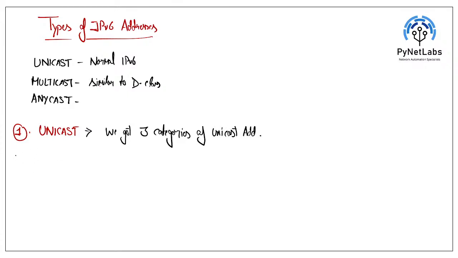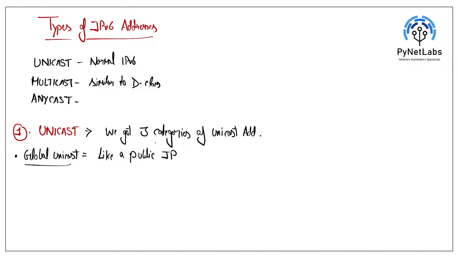Now, the first category in this unicast address is your global unicast. When we are talking about this global unicast, we can say it is more like a public IP.